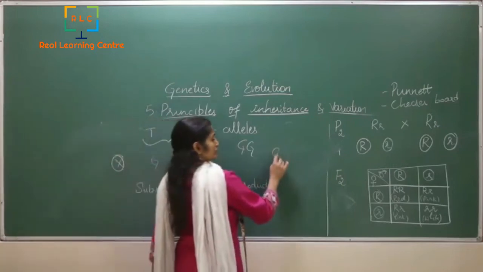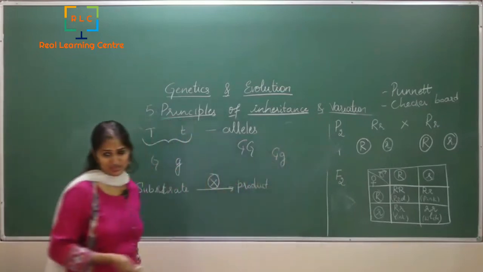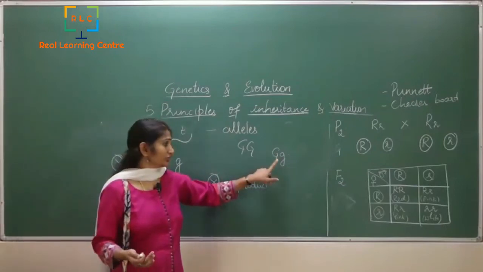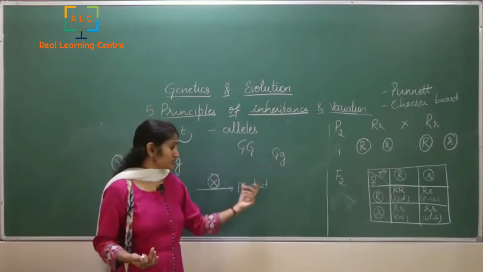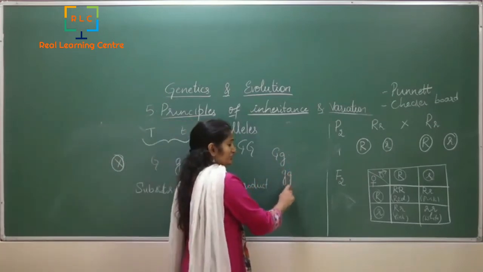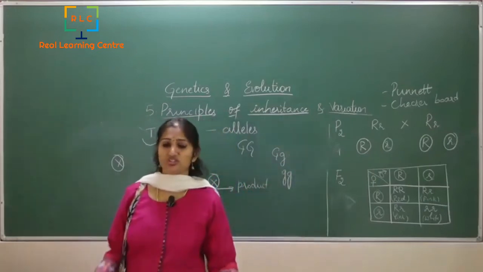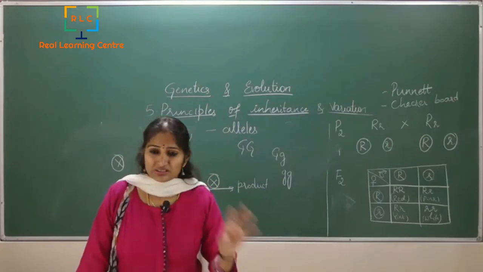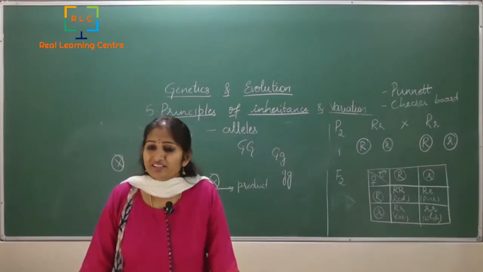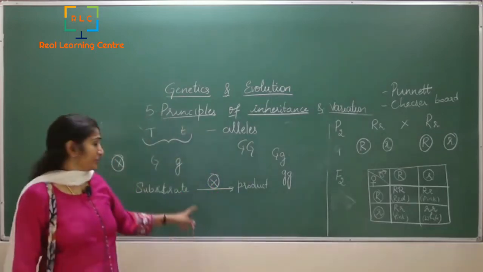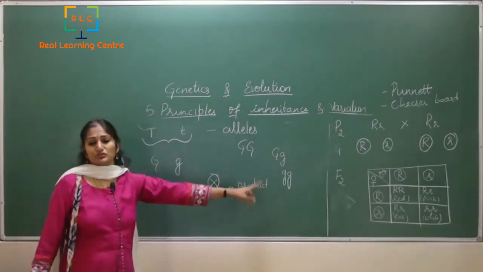Suppose there is the presence of, let me say, GG, where G is dominant. Then in another case the gene is not expressed fully, so it is a partially functioning enzyme. And if the condition exists as small g small g, you see that there might be no enzyme present. So this slight modification in the gene plays a very important role in converting the substrate to the product.